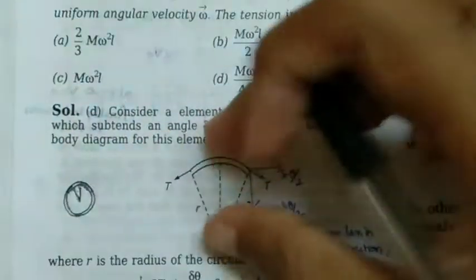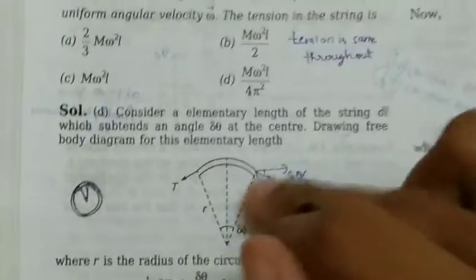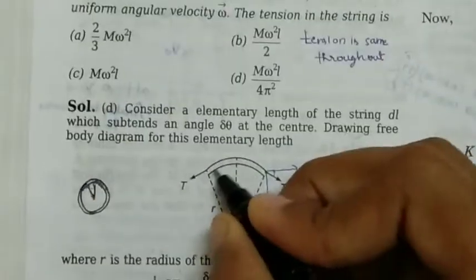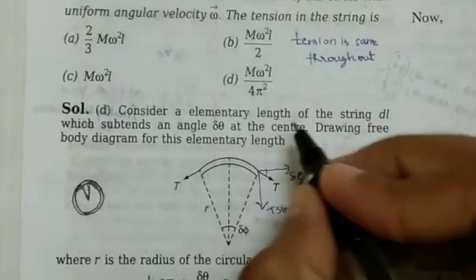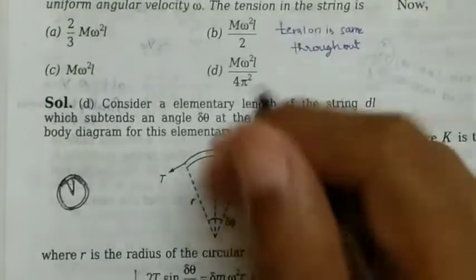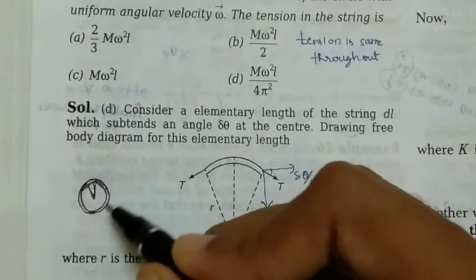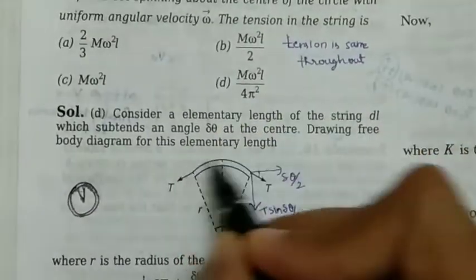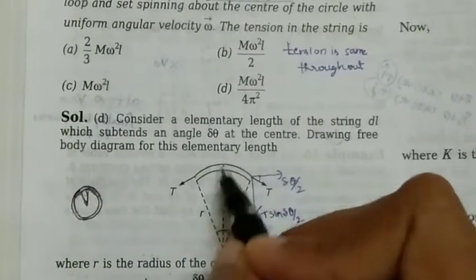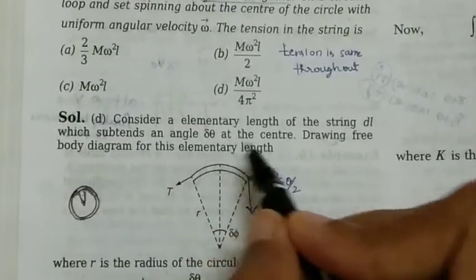Here this is the small portion of the string. The entire length of the string is L, but we consider only this small length, so its length is dl and it subtends an angle delta theta at the center.